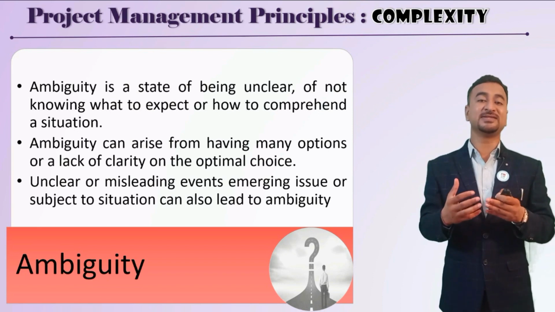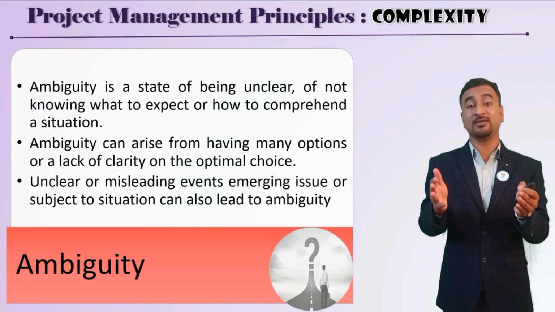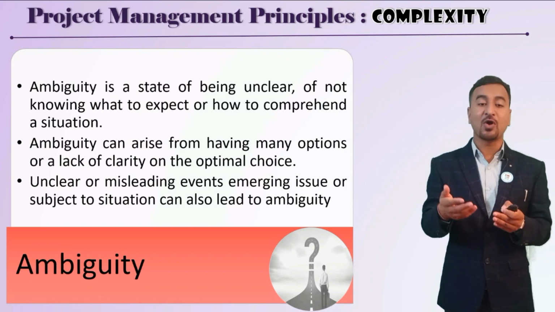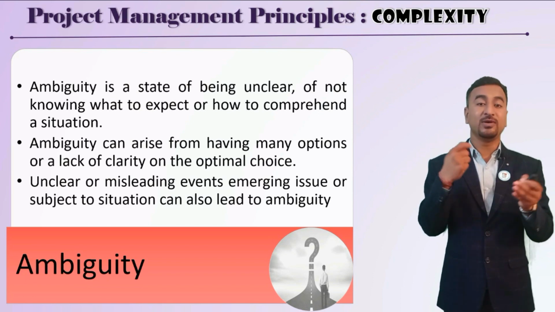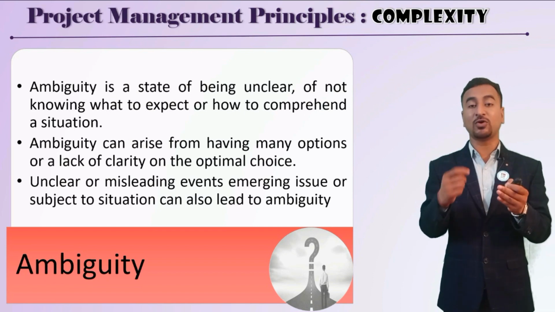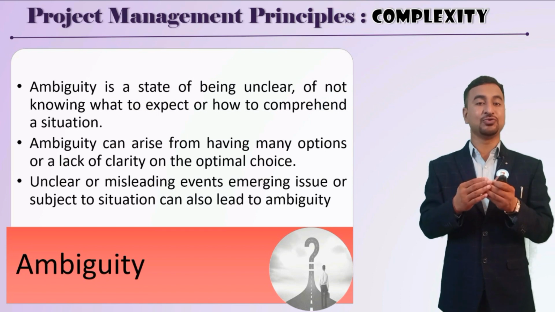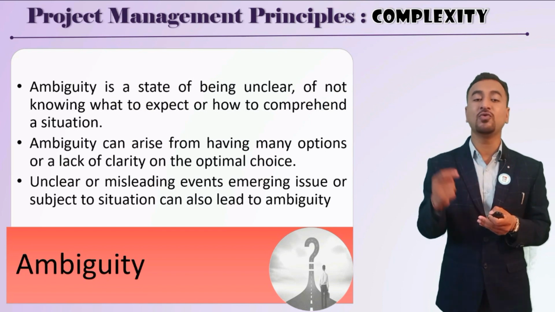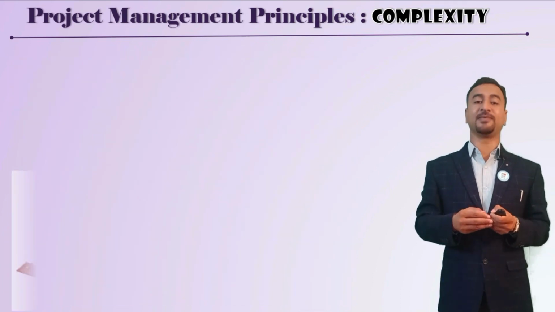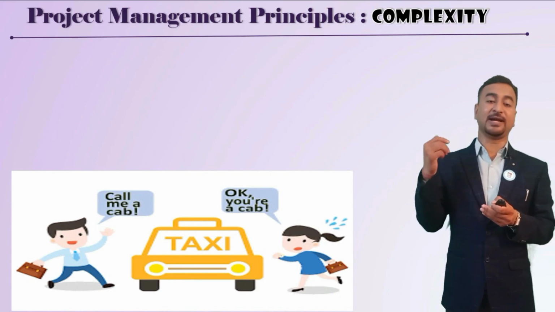We are living in the 21st century where we have many options available that might increase our complexity because we get confused about what to do, what to choose and what not to choose. Unclear and misleading events, emerging issues and subjective situations can also lead to ambiguity. Now I will simplify that.